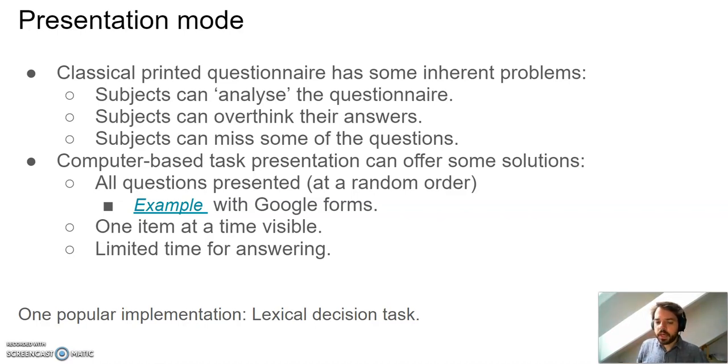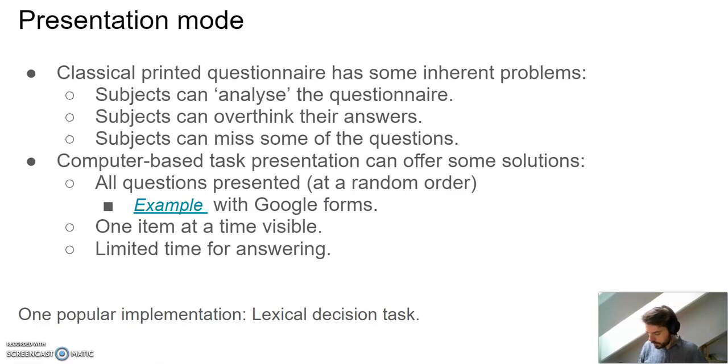For one thing, I think basically in whatever you use for computer-based task presentation, all questions will be presented, and you can also make the order in which they're presented random, which is one nice thing to control.